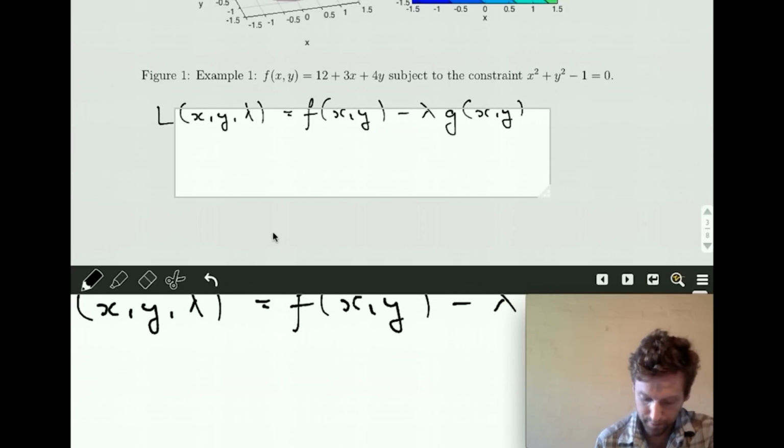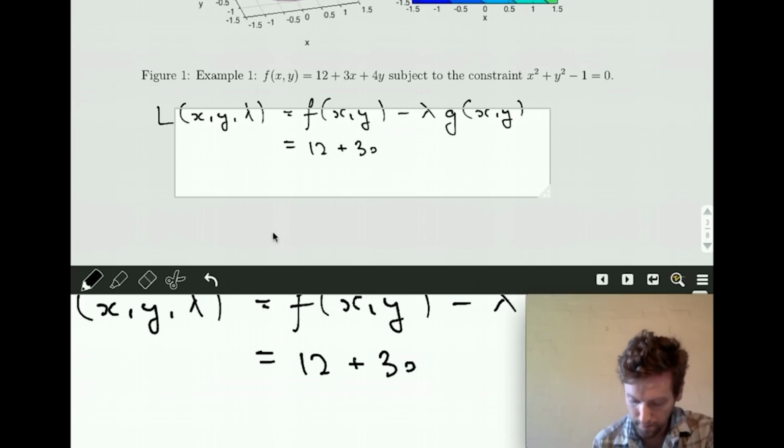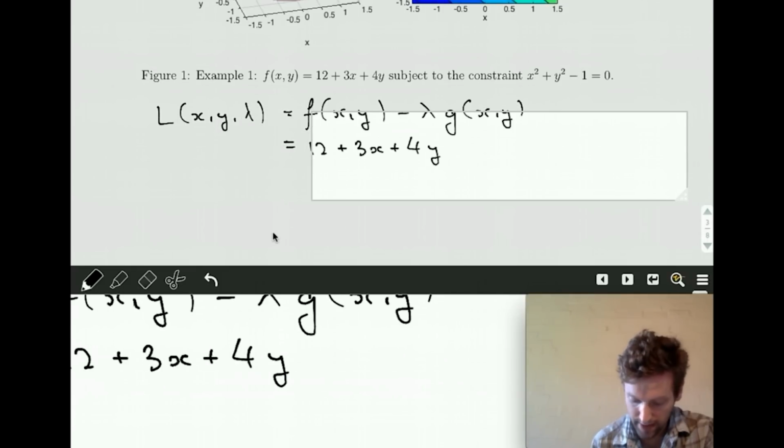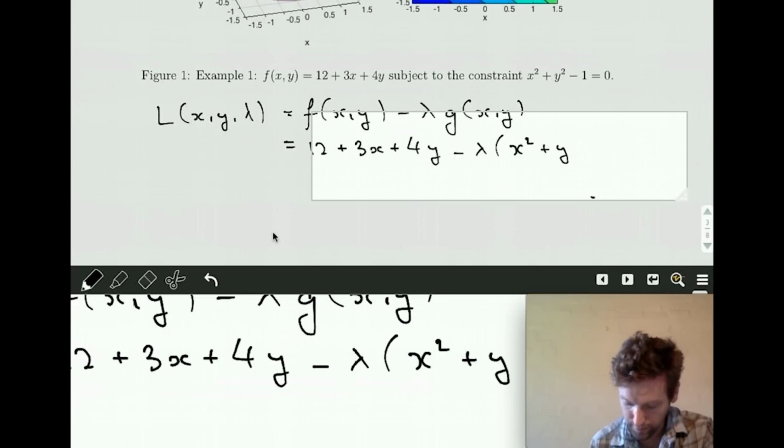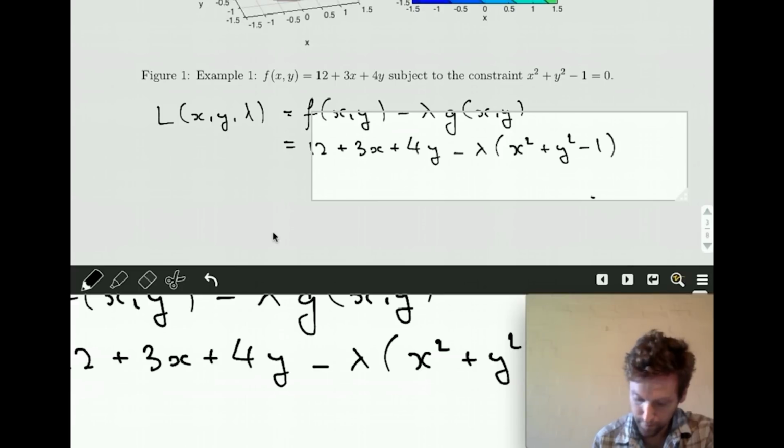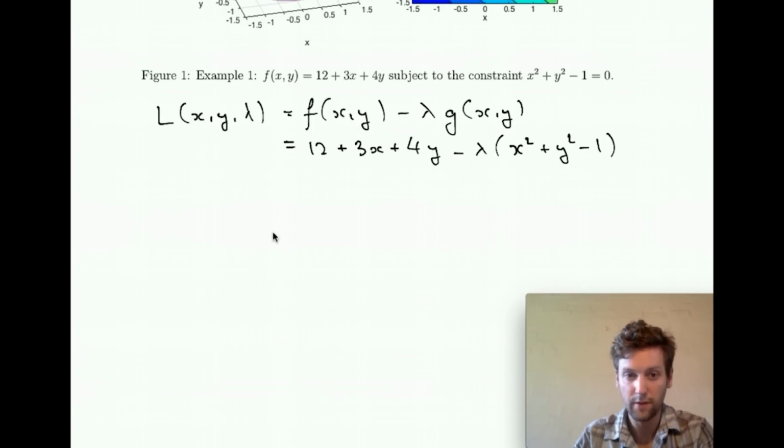In this case, f of x and y is 12 plus 3x plus 4y, minus lambda times, and g is x squared plus y squared minus 1. So this is our function L of x and y and lambda. It's a function of 3 variables.